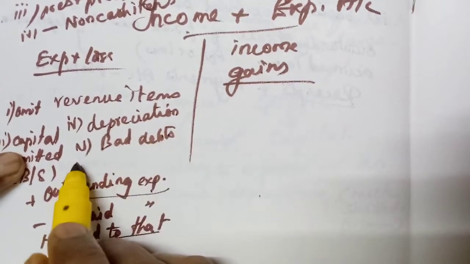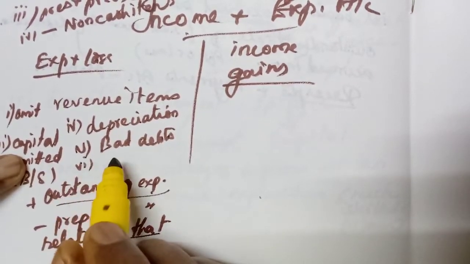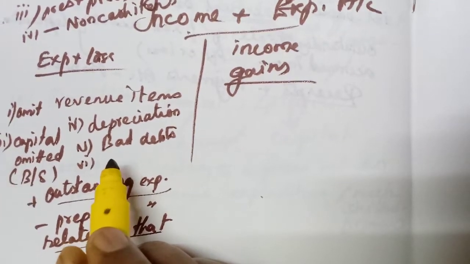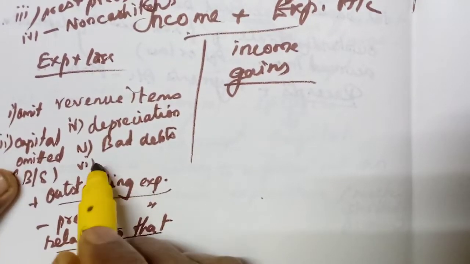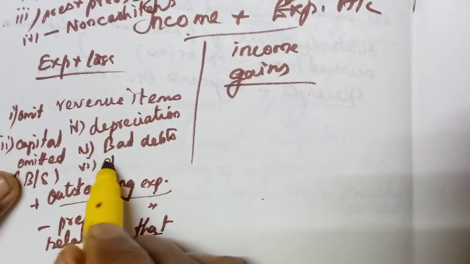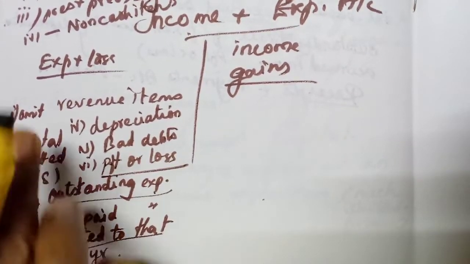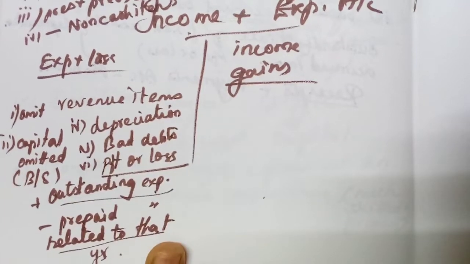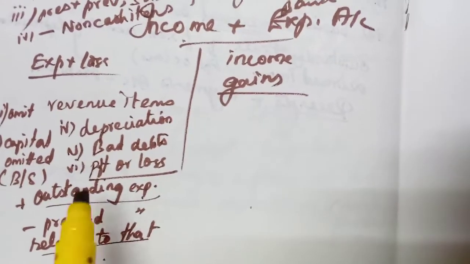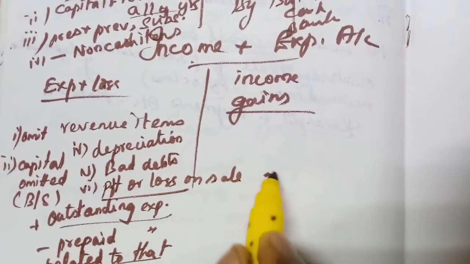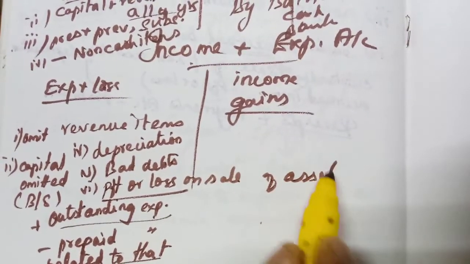Or if we sell some asset, we may not write the sale proceeds, how much we have sold, but only the profit or loss on sale of the asset will be entered in this income and expenditure account.